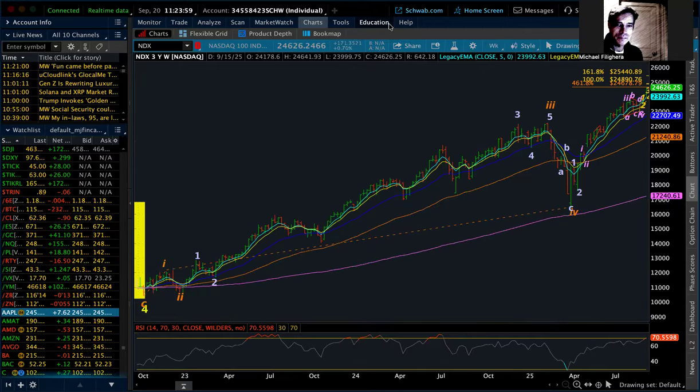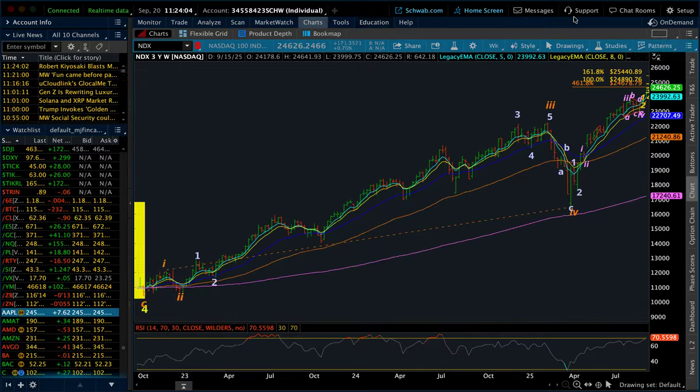I am actually going to start on the NDX, but I am not at my home computer, and so I am working off of a laptop at the moment. It becomes a little bit more difficult if I try to open up my largest maximum monthly to show the progression of where we are.